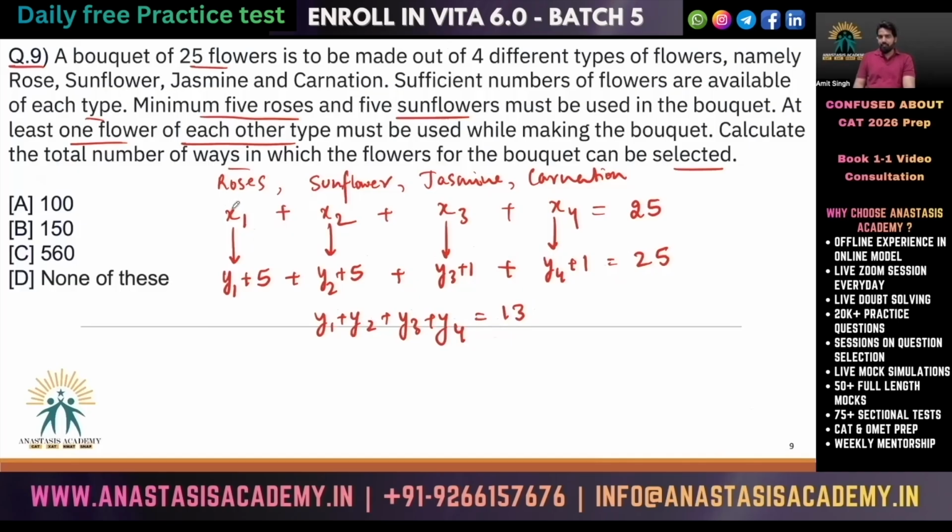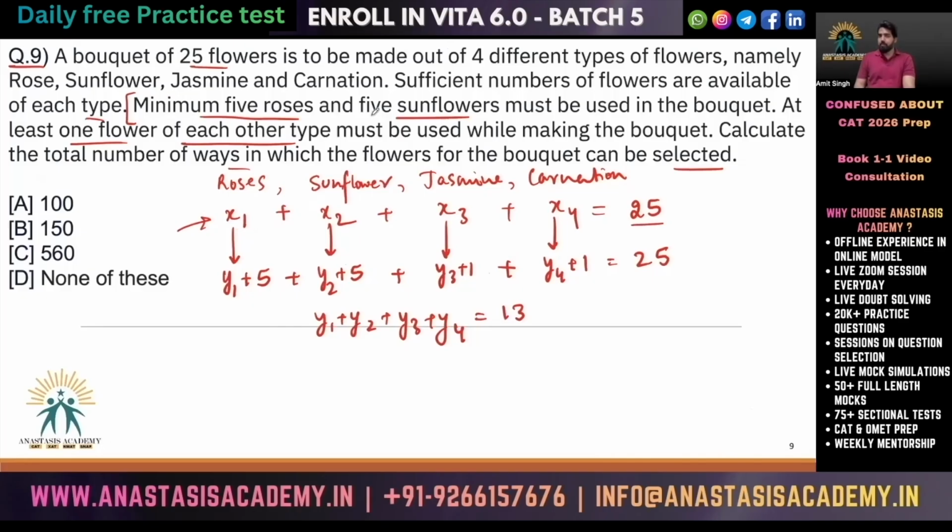Because had I found the whole number solutions to x1 plus x2 plus x3 plus x4 is equal to 25, the condition which is given would not have been met, right?